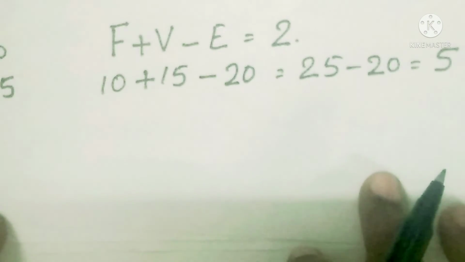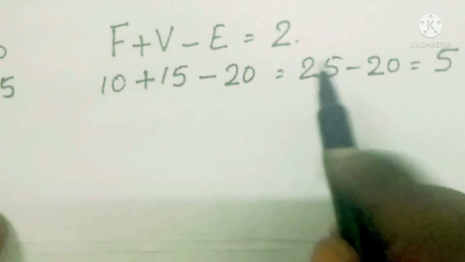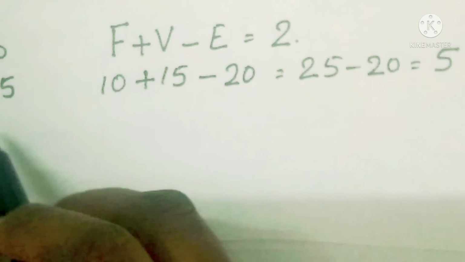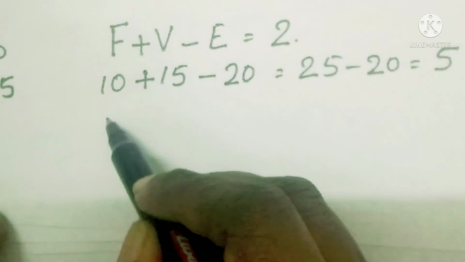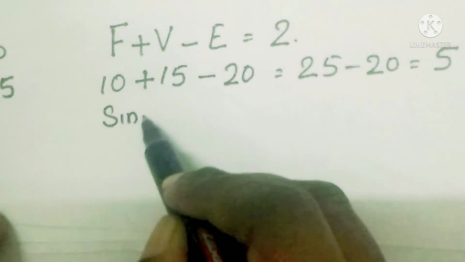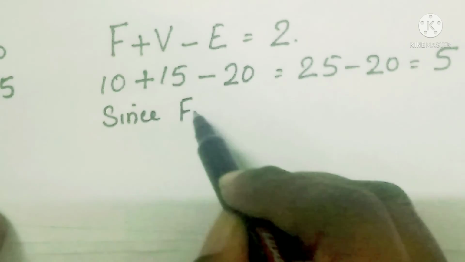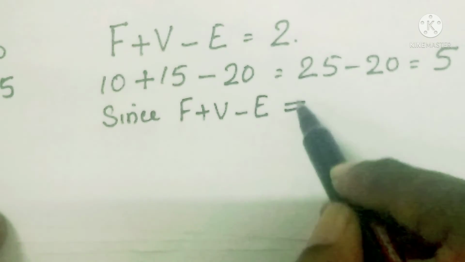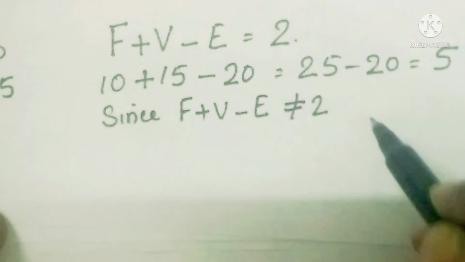Okay. So we got, instead of 2, we got here 5. So can you have a polyhedron with these measures? No. Since F plus V minus E is not equal to 2.